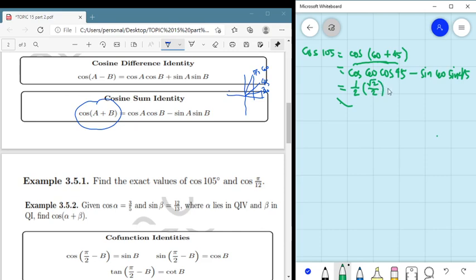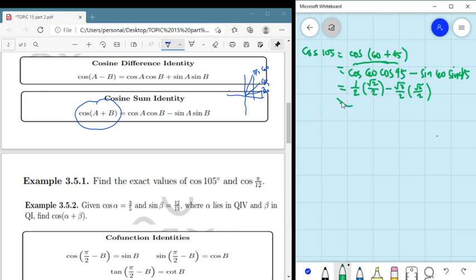Then minus sine of 60, which is square root of 3 over 2, times sine of 45, which is square root of 2 over 2. 45 is pi over 4.